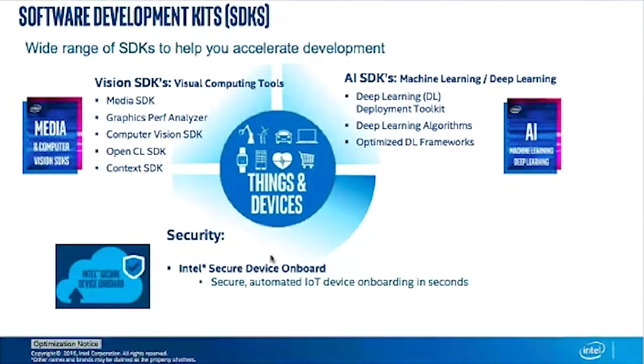And if you think about implementing these APIs right at the beginning, it will help you when you are thinking about scaling and deploying your solution in the long run. So the SDKs and the APIs that we have is really going to help you with your IoT solution.